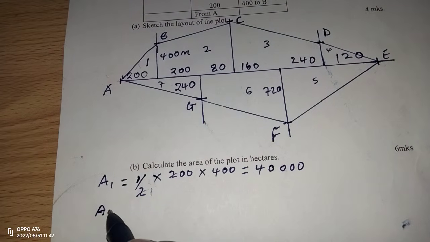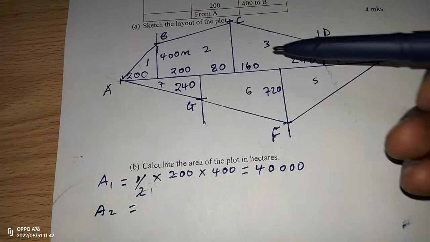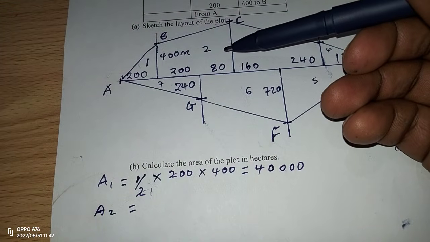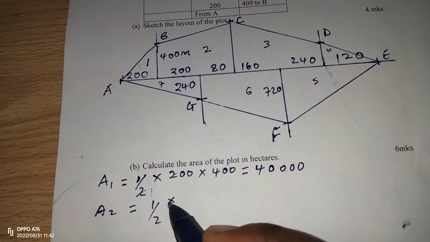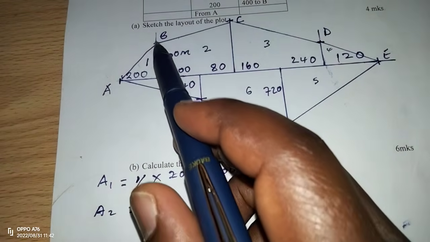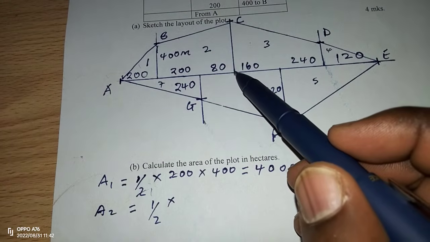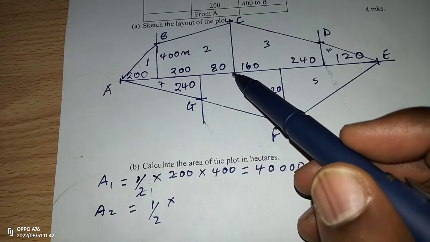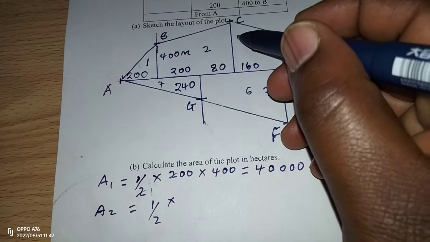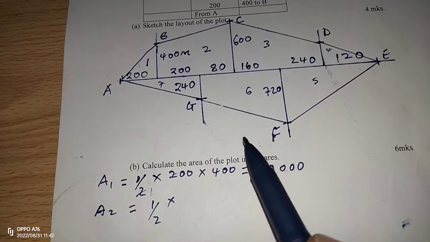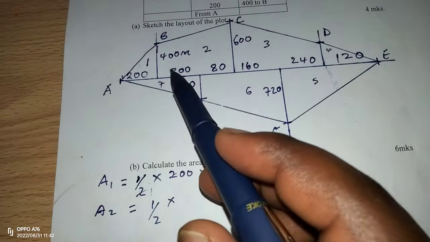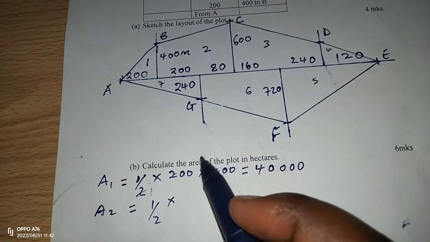Then area 2. Area 2 is going to be trapezoidal. It's a trapezium. Therefore, half times the height between these two parallel sides. Remember to see, we moved 600 meters. That one has to be noted. Therefore, the height here is going to be 280.